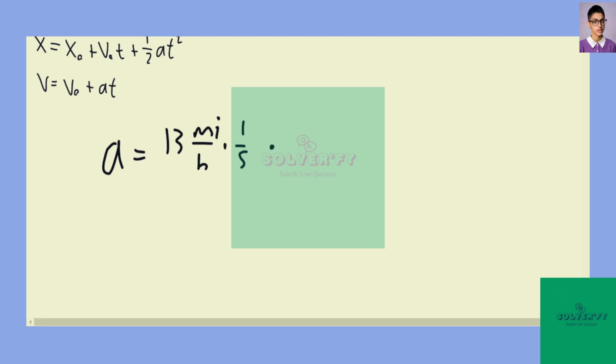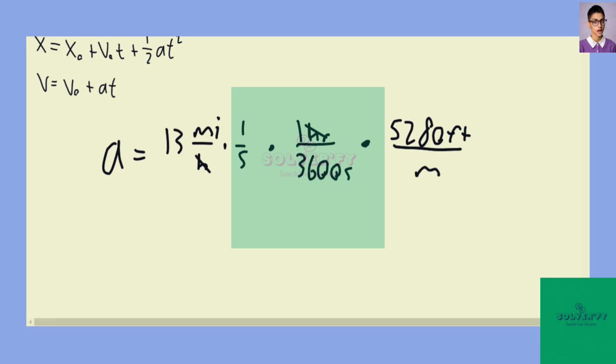So we're going to multiply this by, there's 1 hour in 3,600 seconds. That takes care of the hours. And now we want to convert miles into feet. So we multiply it by 5,280 feet per mile. The miles cancel.